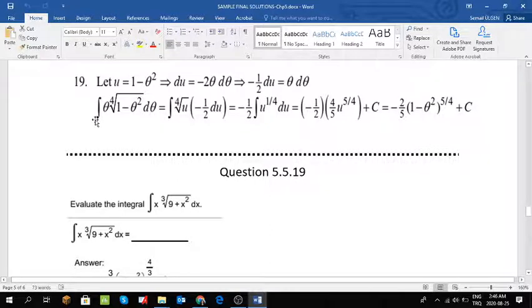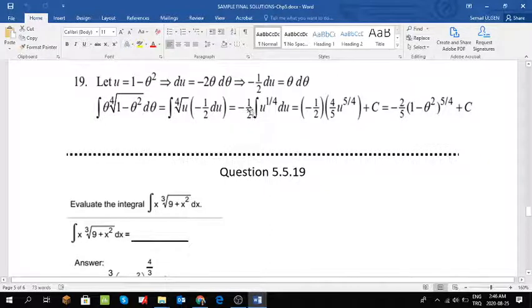We want to find that, but we use what? Substitution. The inside function is u. u is 1 minus theta squared. du is equal to negative 2 theta d theta. We have theta d theta here. Theta d theta is negative 1 over 2 du. So instead of theta d theta, I put negative 1 over 2 du, and instead of this, I put the fourth root of u, and integrate.